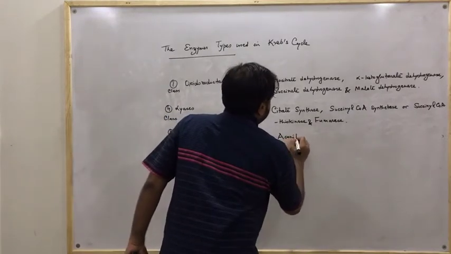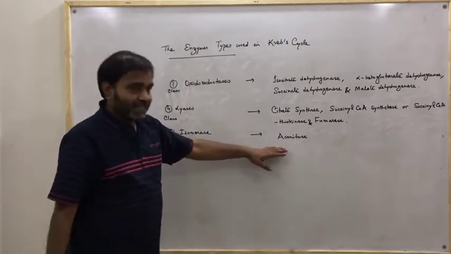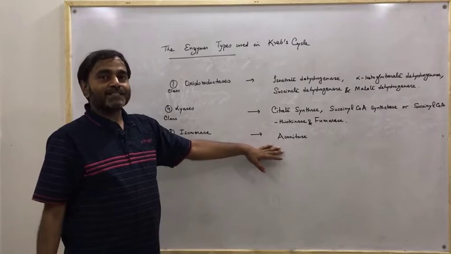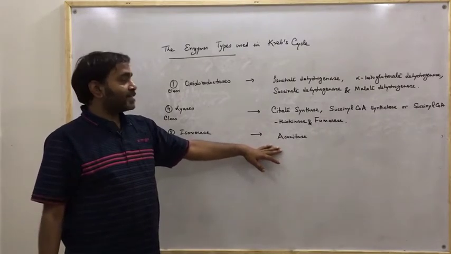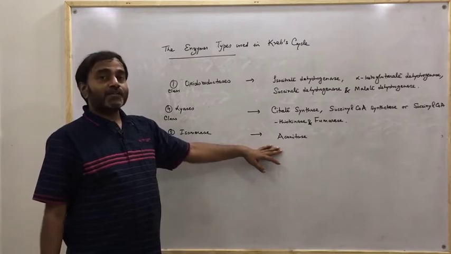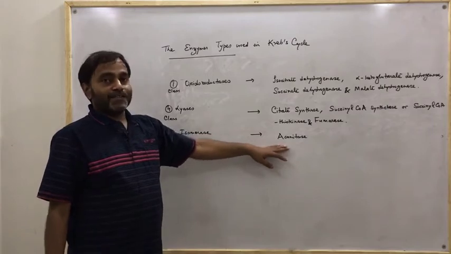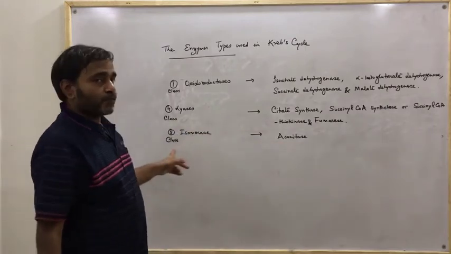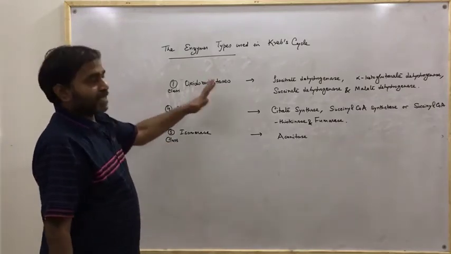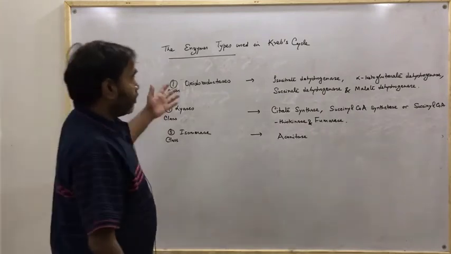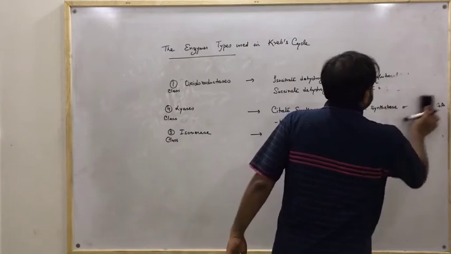It converts citric acid to cis-aconitic acid, and then cis-aconitic acid is converted into isocitric acid with the help of the same enzyme, aconitase. So at both these steps this isomerase enzyme operates. These are the enzymes by their classes, and we should remember this. Now we will see other things related to the Krebs cycle.